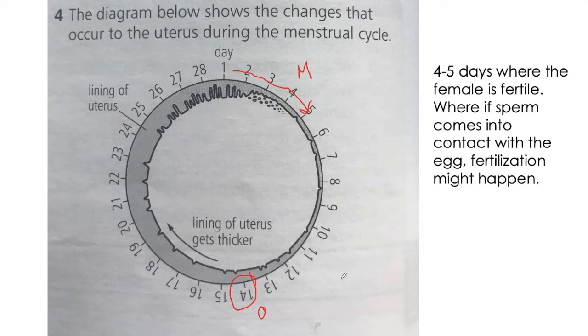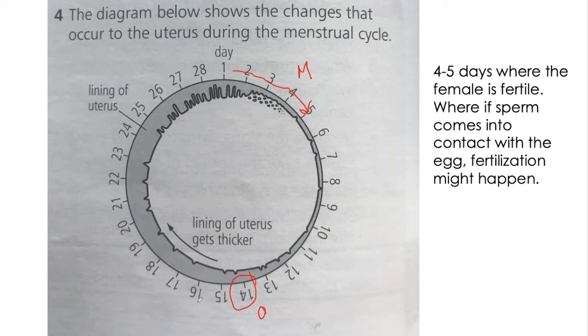Okay, so actually, if sexual intercourse happens here, the sperm can live for about 3 days. If sexual intercourse happened here and there was some sperm release, they might live long enough to meet the egg cell on day 14. Or if the egg cell was released, it lives for about a day. So the sperm could fertilise it here.